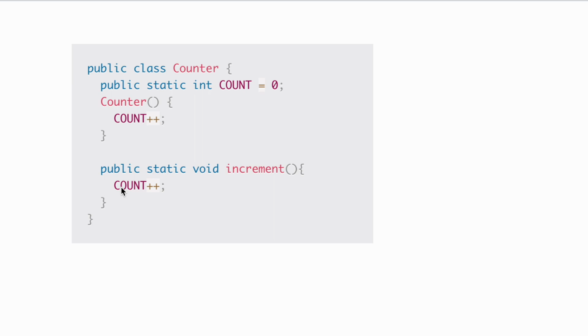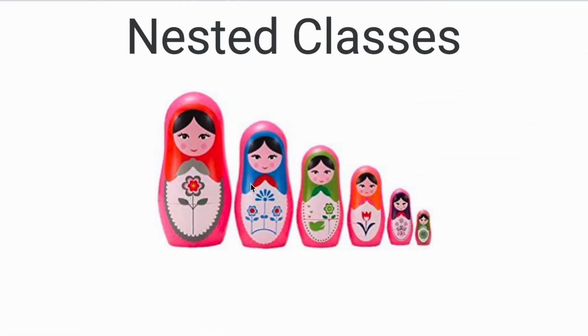The reason that we're really looking at these keywords today is because we're going to look at a brand new concept. We're going to talk about nested classes. So we're always working with nested if statements, nested loops.